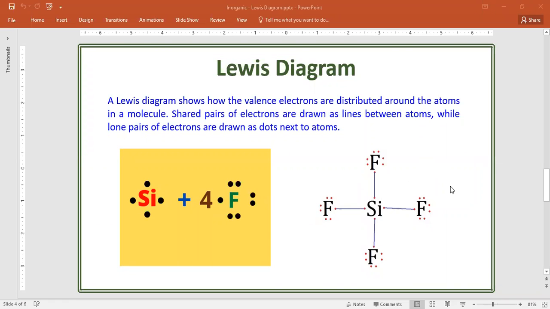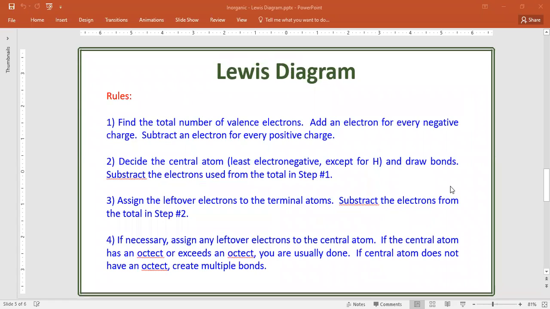Now let us check the rules for drawing the Lewis diagram. First, we have to find the total number of valence electrons. In our example, silicon tetrafluoride, there are 4 valence electrons in silicon and 7 valence electrons in fluorine, but 4 fluorines are there, so that is 7 into 4.